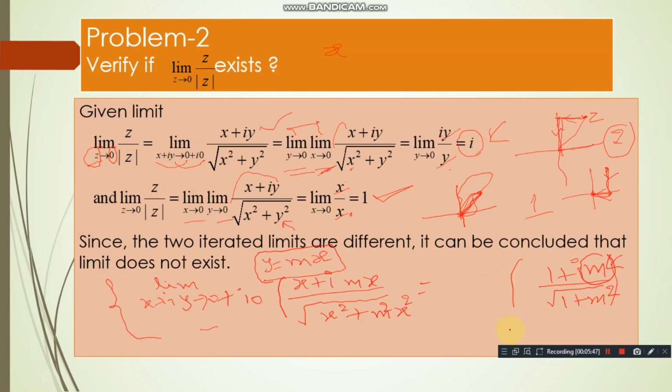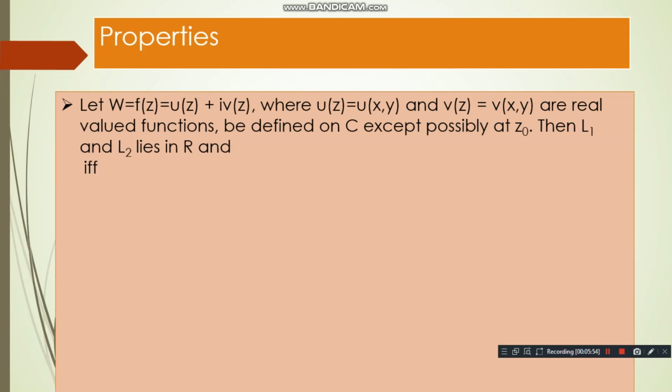Now let us go to certain properties. Using those properties, you can easily say what the limit is. See what those properties are. Suppose a complex function f of z is equal to u of z plus i v of z, where u is nothing but u of x comma y, and v is nothing but v of x comma y, are real valued functions, defined on a complex set except at the point z0. Then L1 and L2, these two are real values.